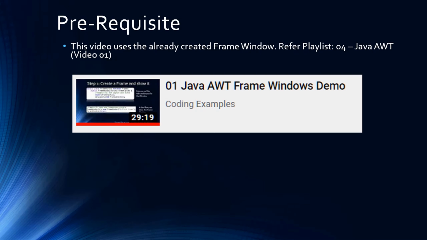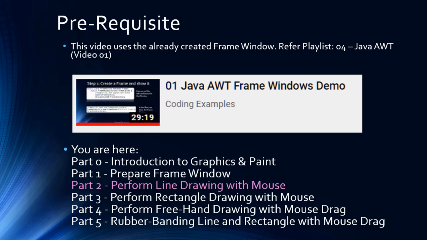After watching this, you can watch our sub-series part 0 and part 01. Or if you just want to know how to perform a line drawing and you think you can manage, then you can directly go ahead with this video.